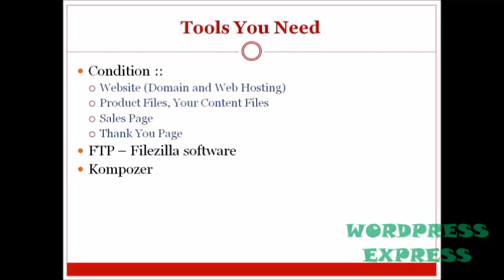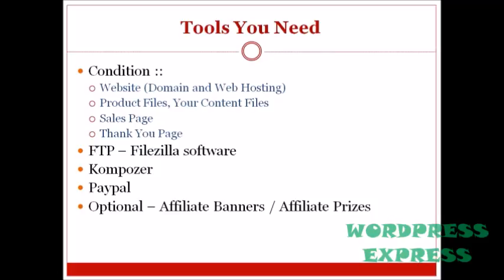We're going to be using a program called Composer, which is an HTML web editing tool, which will allow you to edit your sales page and your thank you page. And then of course, you're going to need PayPal. In order to use JVZoo, you must have PayPal. If you don't have PayPal, then you cannot use JVZoo because JVZoo pays through PayPal.